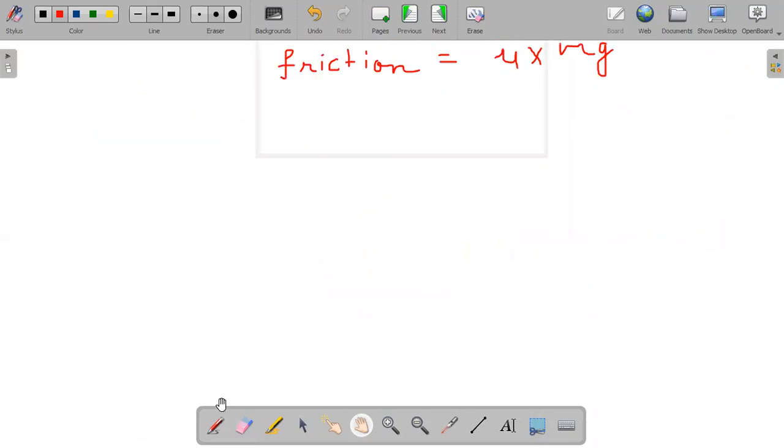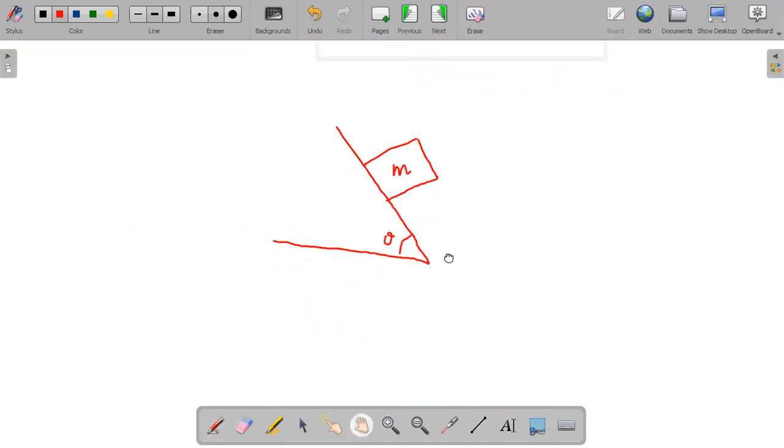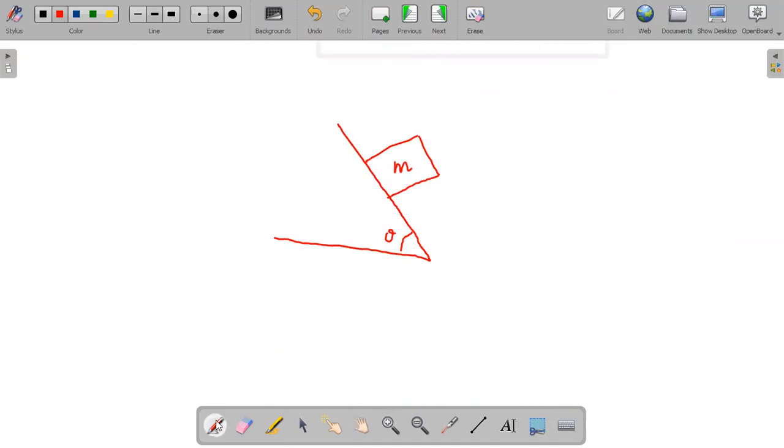And what if a body is in inclined plane, that is angle theta, with a mass m? mg cos theta.